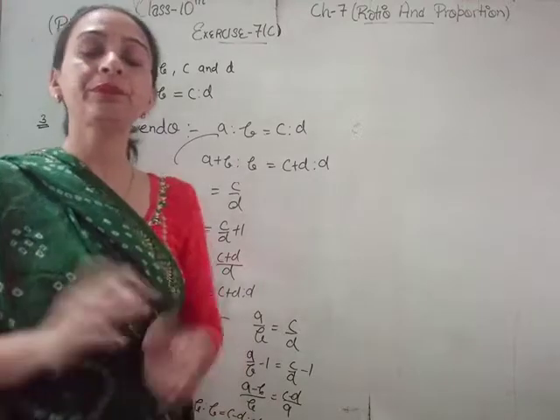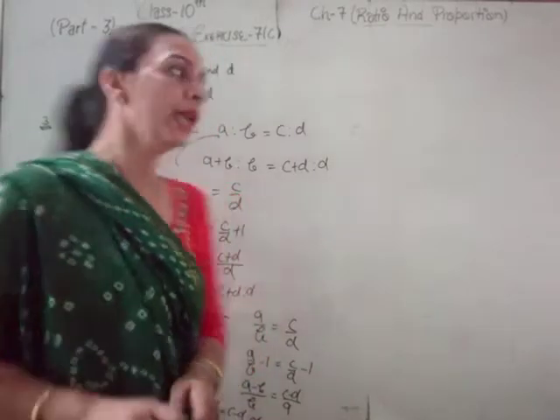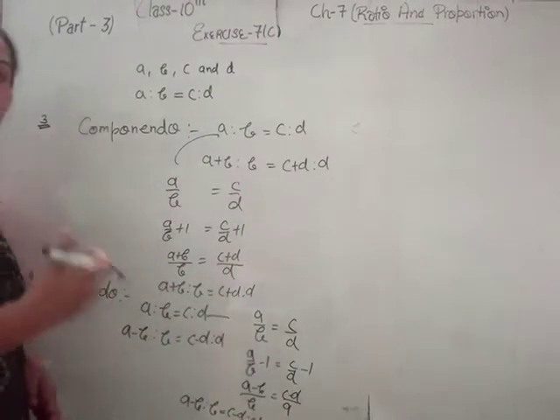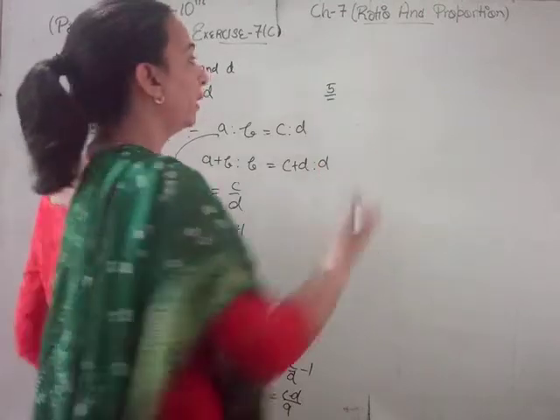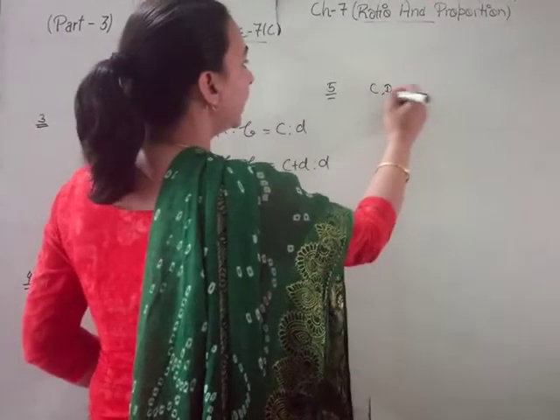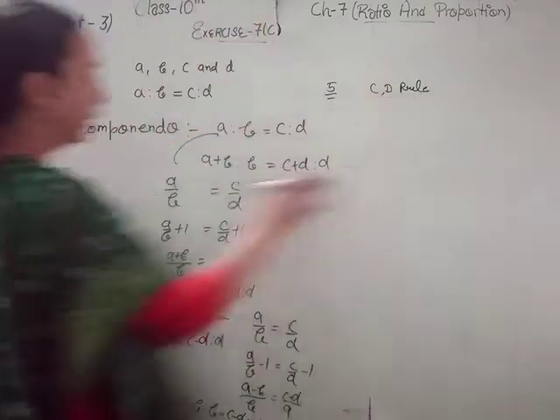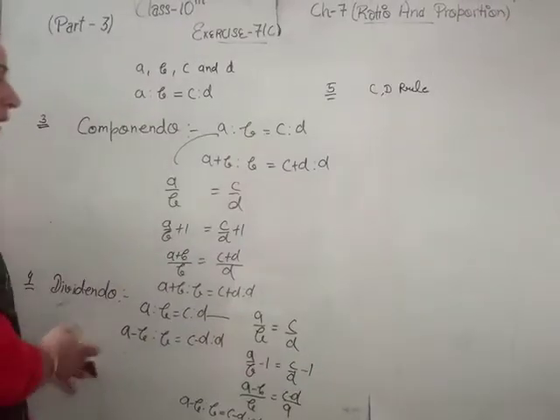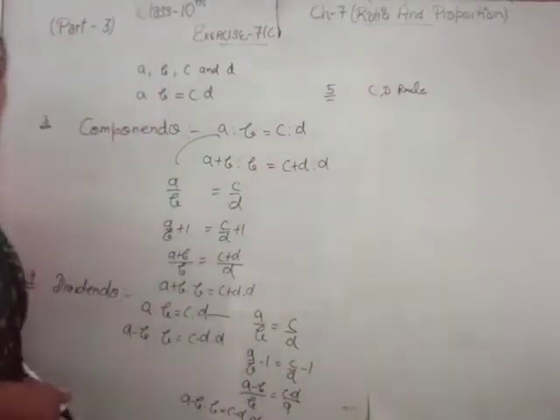Next is a very important property, componendo and dividendo. For these two properties, next is property number 5, componendo and dividendo, and we write this CD rule. CD rule means componendo and dividendo. We use both the properties for proving this fifth property.